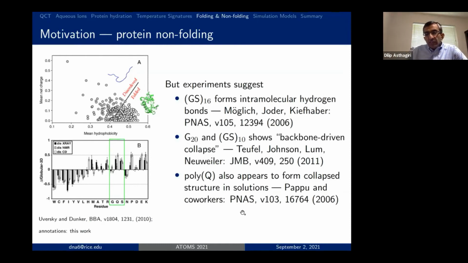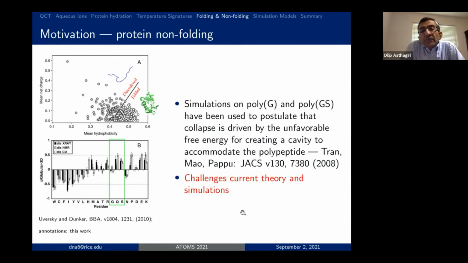Trying to rationalize this trend, one of the ideas was that these chains are collapsing perhaps because of hydrophobic effects. This was an important work that came out of Rohit Pappu's group, where they try to model these peptides using their simulation framework.